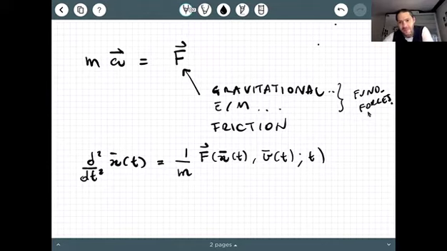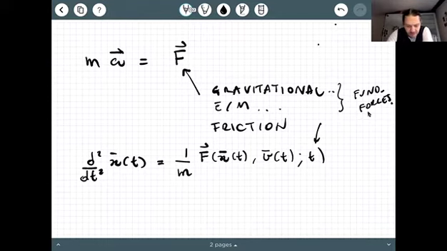Maybe you have a particle in an electric field and somebody else is explicitly changing the strength of the field. So even if you're in the same position, the force changes with time because somebody else is putting a larger battery in your system. So there could be explicit dependence on time as well.